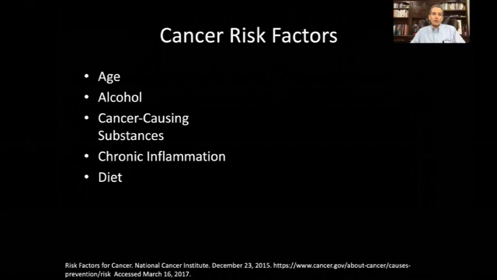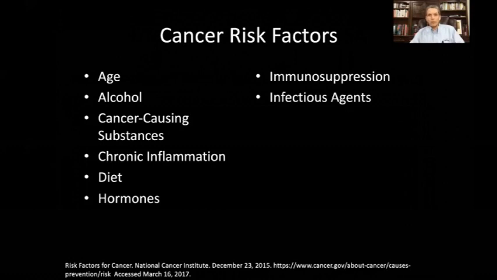Red meats are very close to that as far as their risk. And so the more meat in the diet, the more cancer that individuals develop, and so on. Hormones, so you can have hormonal imbalances that can lead to the development of cancer. Immunosuppression, so you might be on steroid medications or other things, or immunosuppressed because of chemotherapy related to cancer that you already have, and then develop more cancer from it.